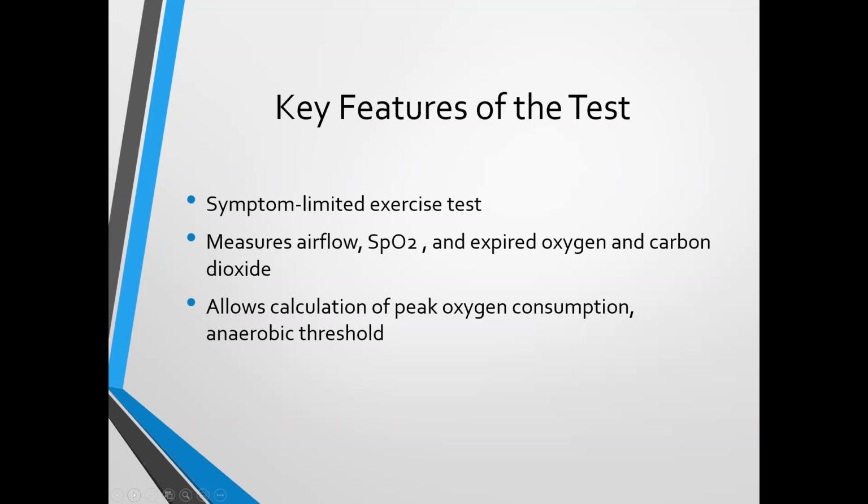Okay. The relationship between VO2 and VCO2 is what's called the respiratory quotient. That's not a key part of this lecture, but it is relevant because the respiratory quotient can be very valuable.